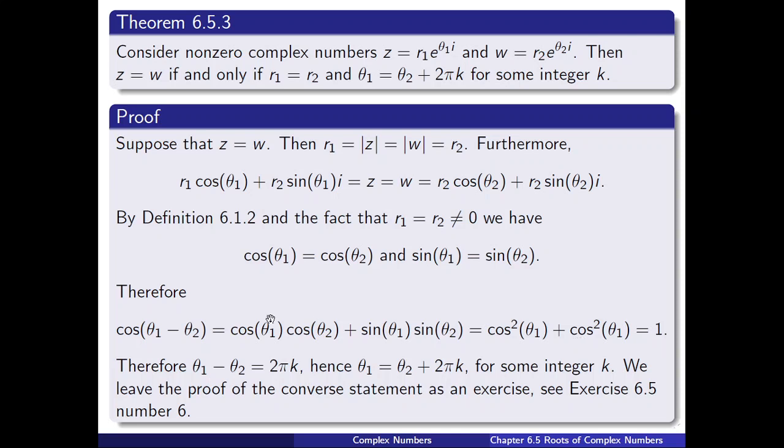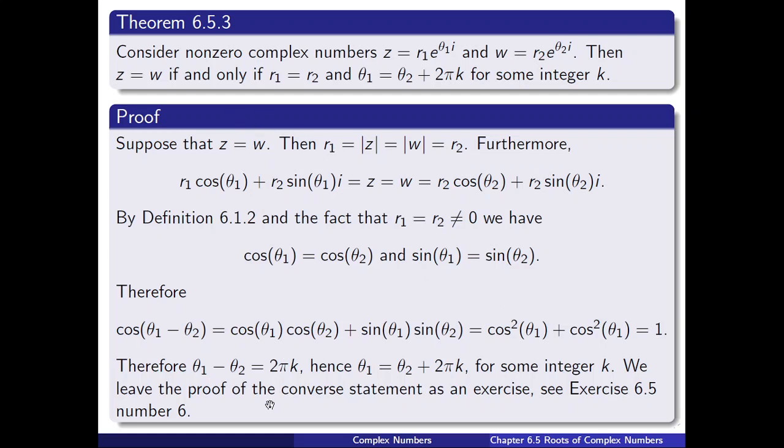But if this is equal to 1, then it means that the angle in here has to be 2 pi k for some integer k, but this will only mean that theta 1 is equal to theta 2 plus 2 pi k for some integer k. And so that is the first part of the theorem.